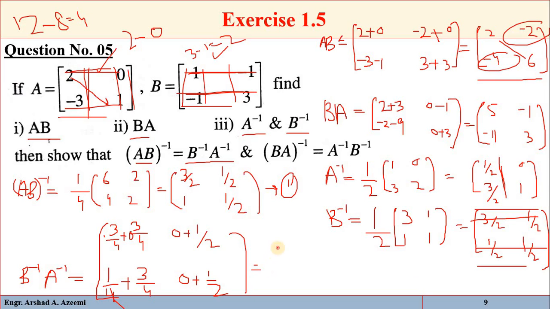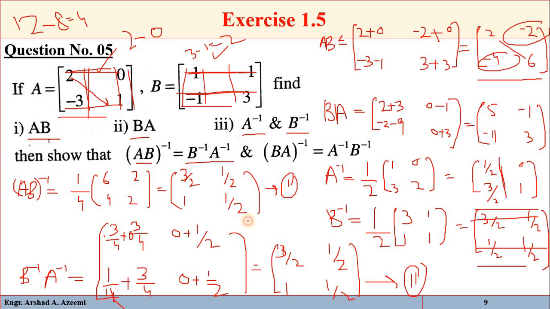Now just simplify it. So 3 by 4 plus 3 by 4, it will give you 6 by 4, or it will give you 3 by 2. 0 plus 1 over 2, so it will be 1 over 2. 1 by 4 plus 3 by 4, it will be equal to 4 by 4, or 1, and this will be 1 over 2. Okay, so this is matrix 2.